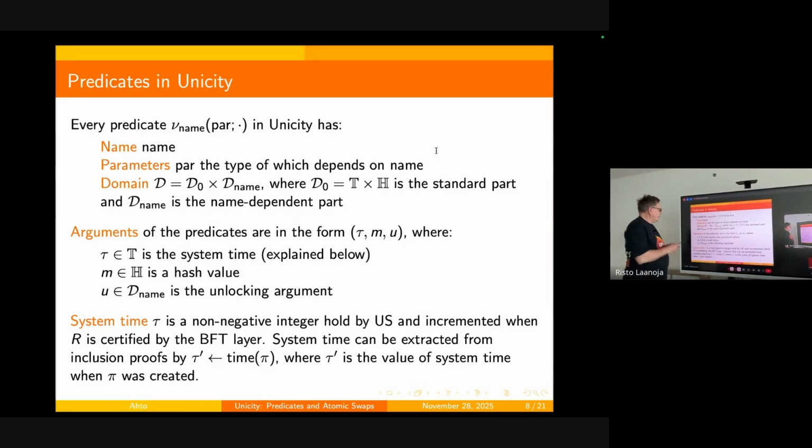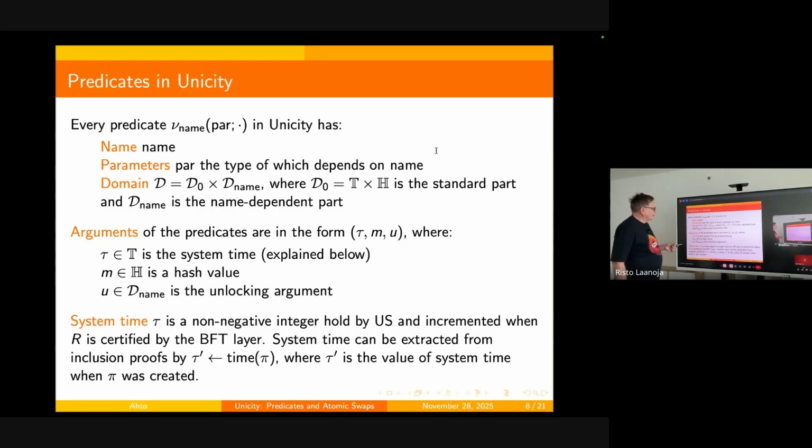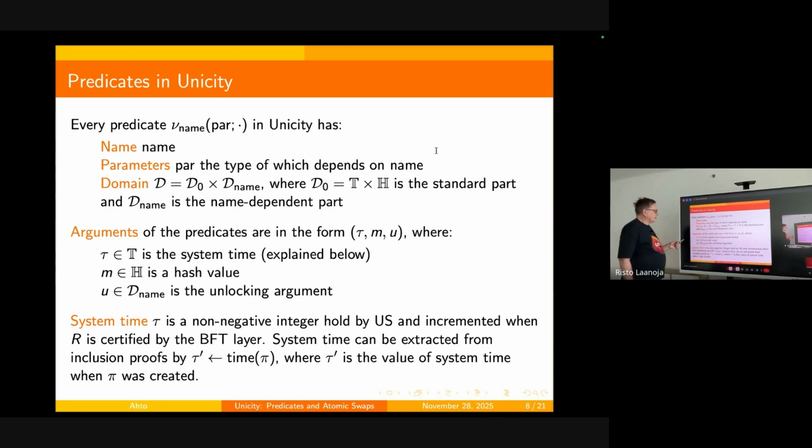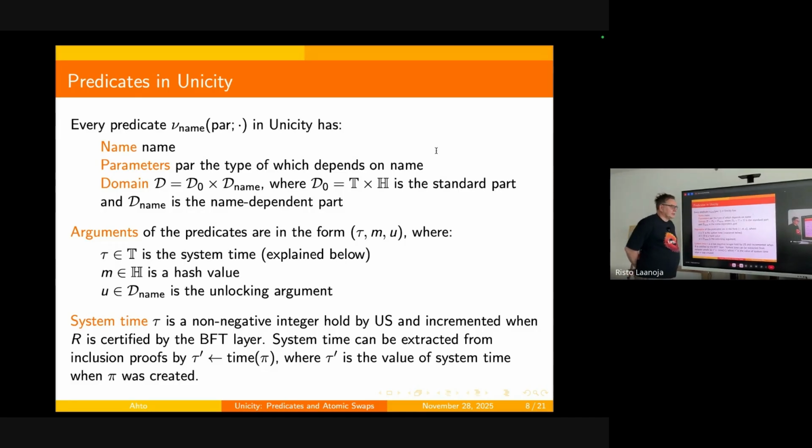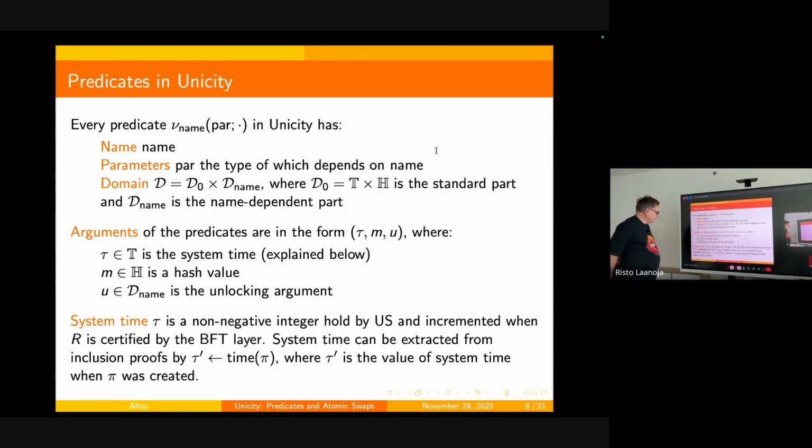So we have to add the concept of system time in the Unicity system. This is defined by the Unicity service. When the Unicity service gets a new certificate from the BFT layer, then this integer is just incremented. New time has come.